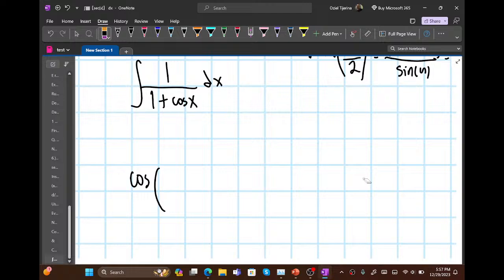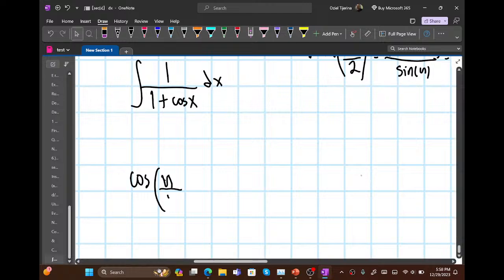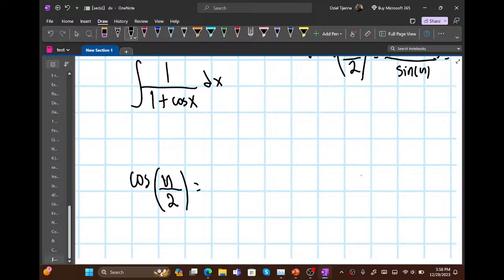Equals plus or minus the square root of 1 plus cosine u over 2.